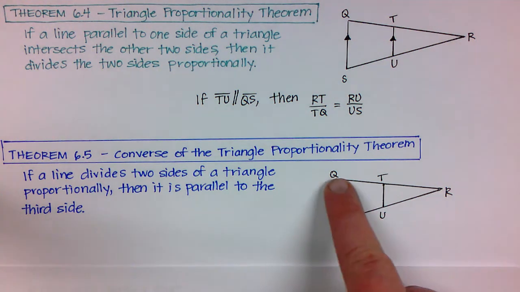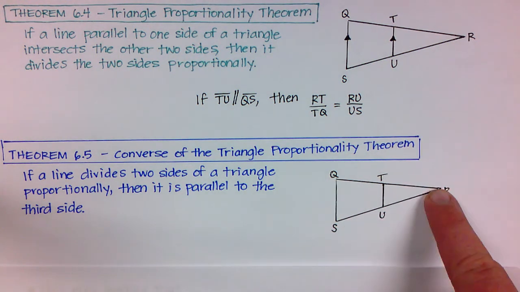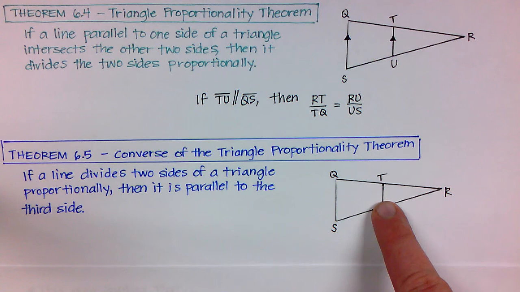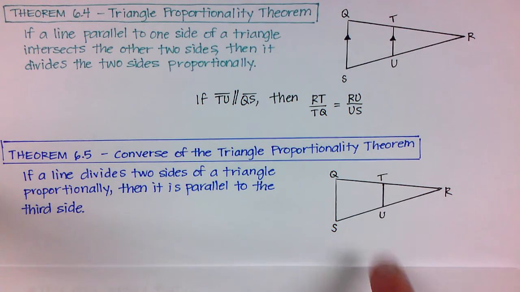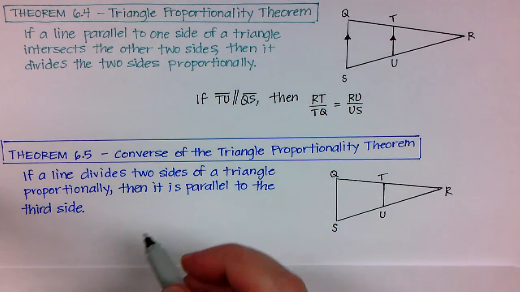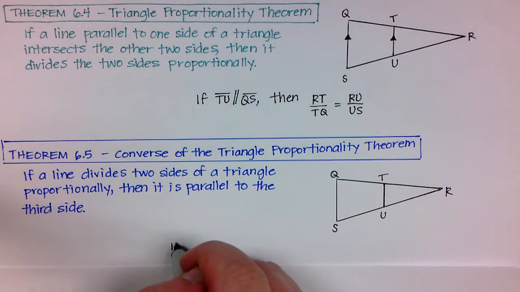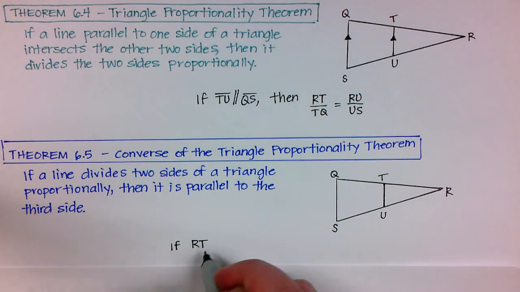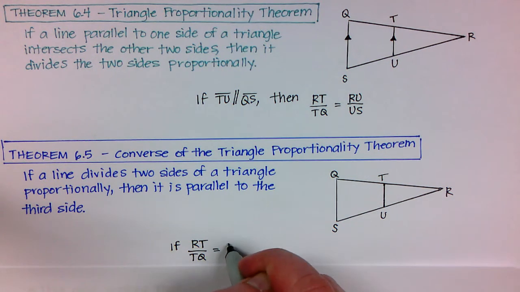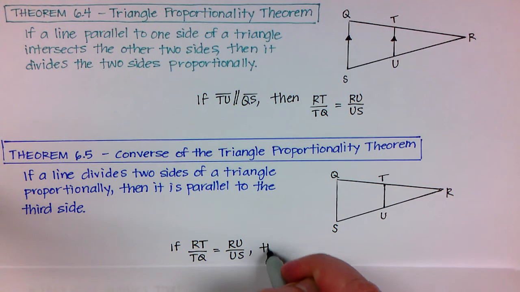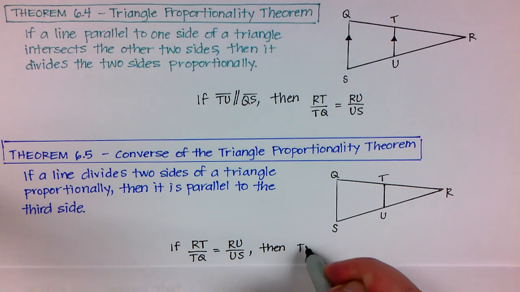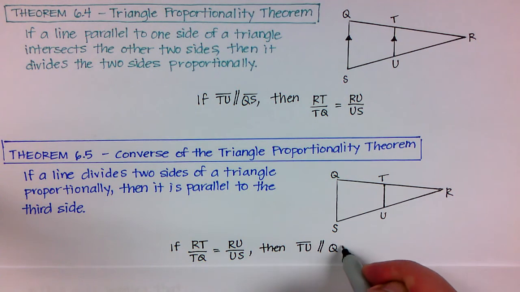So this time I'm told that these segments are proportional because of this line splitting them, and because of that I can conclude that the two lines themselves are parallel. So I'm going to write if RT to TQ is equal to RU to US, then I can conclude that TU is parallel to QS.